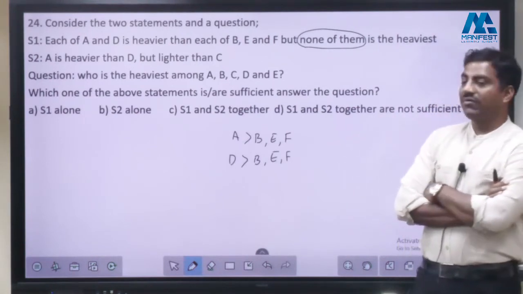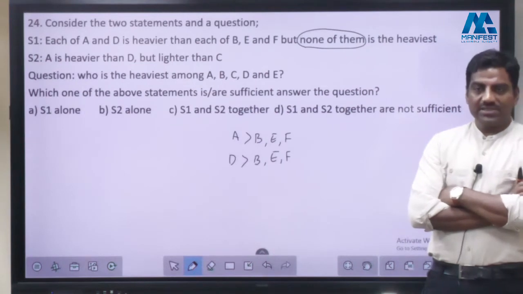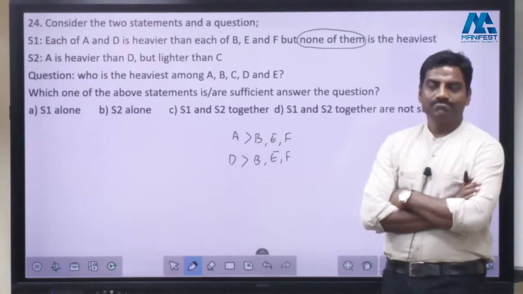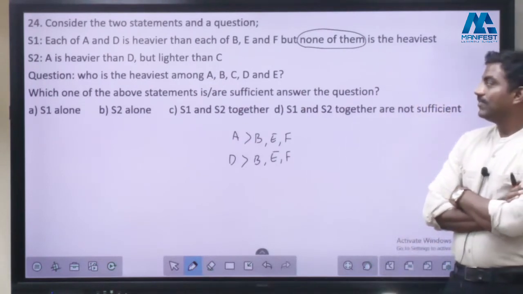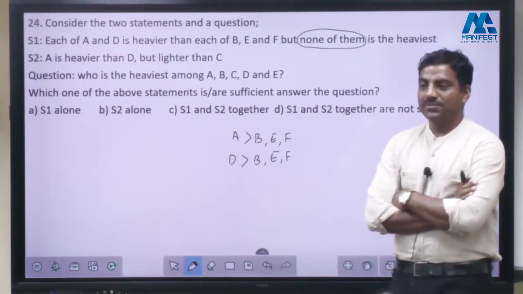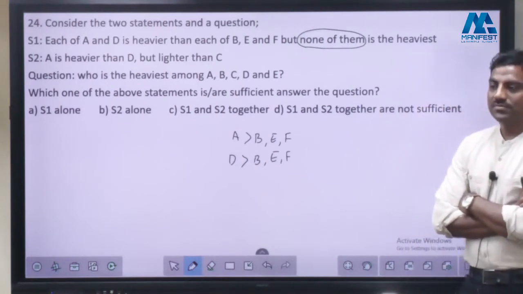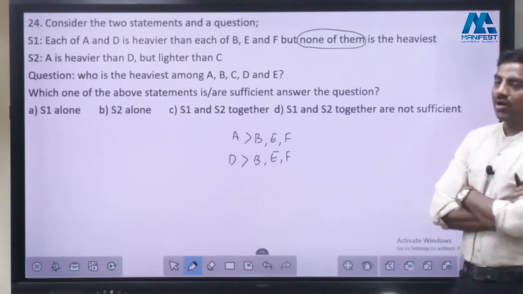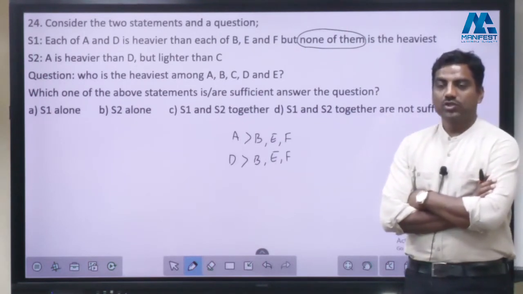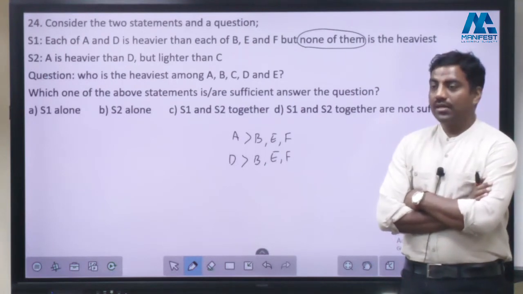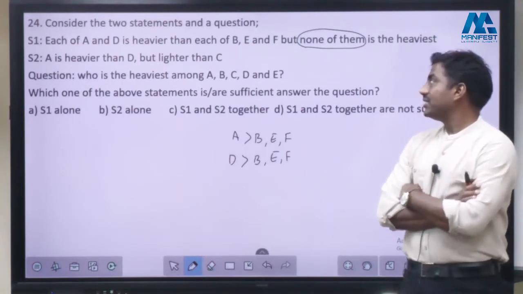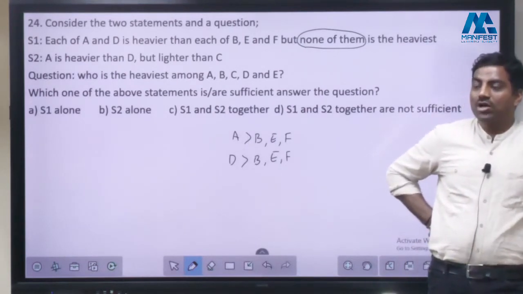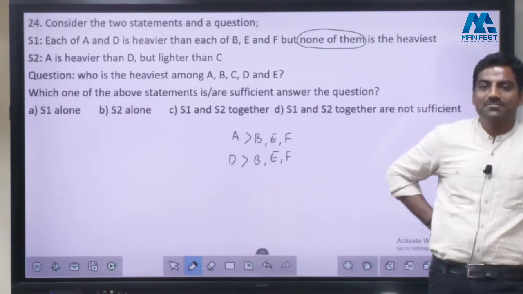But in the given question, they have given A and D are not the heaviest. Similarly, B and E cannot be the heaviest. Will this statement address our question? A and D are not heaviest. Consequently, B and E are also not heaviest. So among these 5 persons, who is the heaviest?